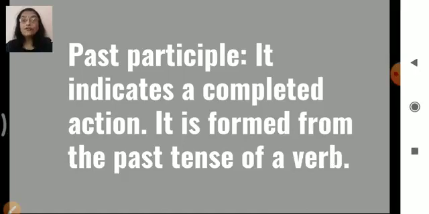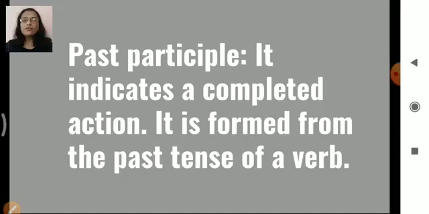Finish, finished, right? So in this way you will get it, but not always. Usually it is the same as the past tense of the verb. So finished, finished, it will be the same, but not always.